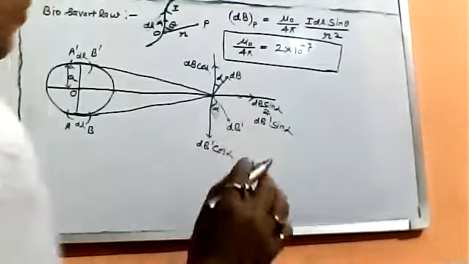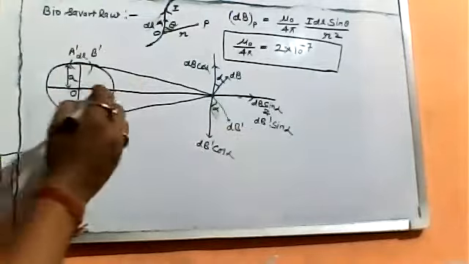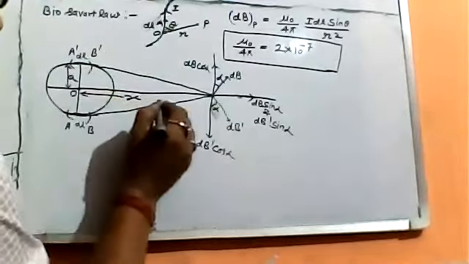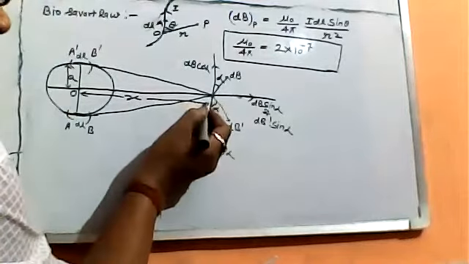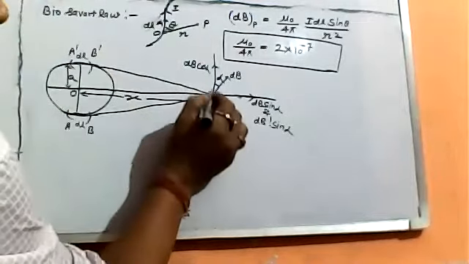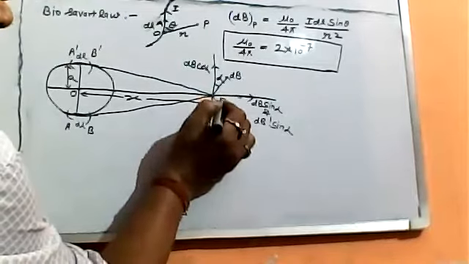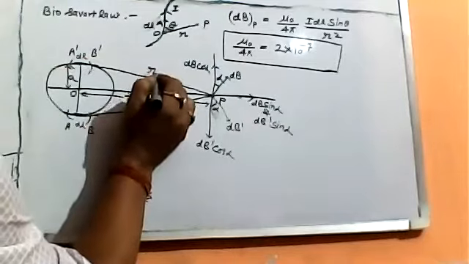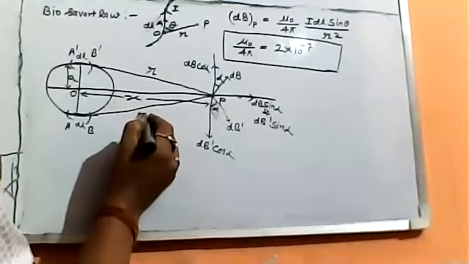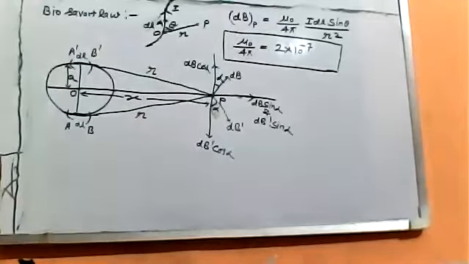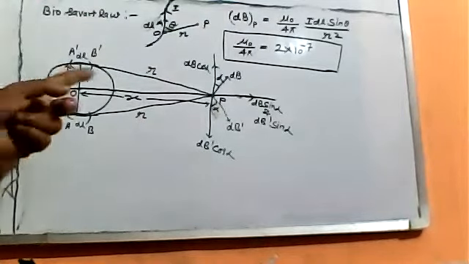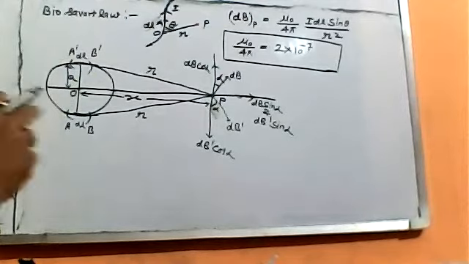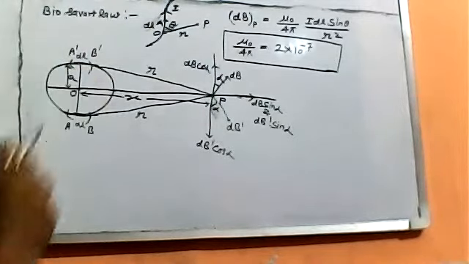And finally, you get the formula. I will write mainly the final formula. Distance OP is taken as x. I will not do the derivation here. The distance between dl and P is r, small r. That will be the same. So this is the rule: always divide the whole circular coil into different pairs. First pair I have taken AB and A dash B dash.